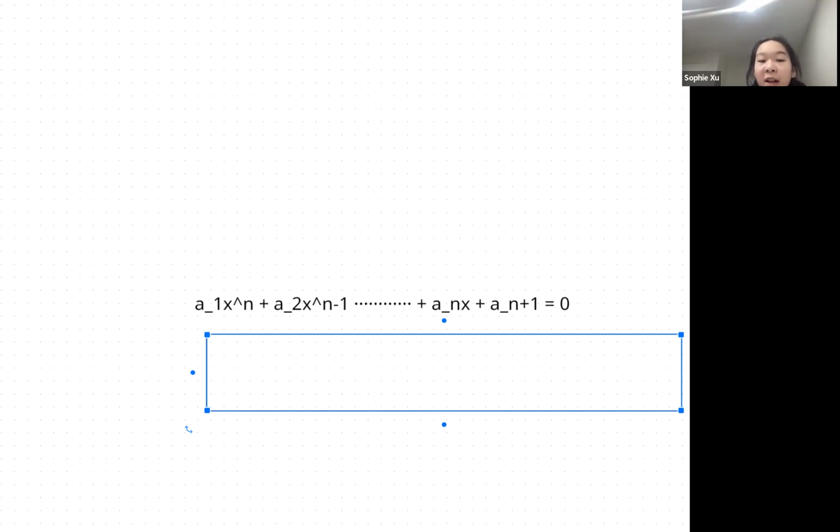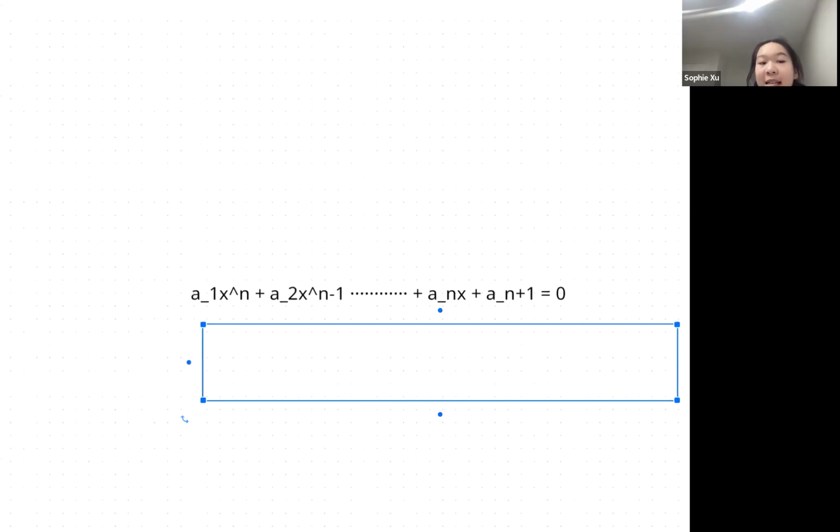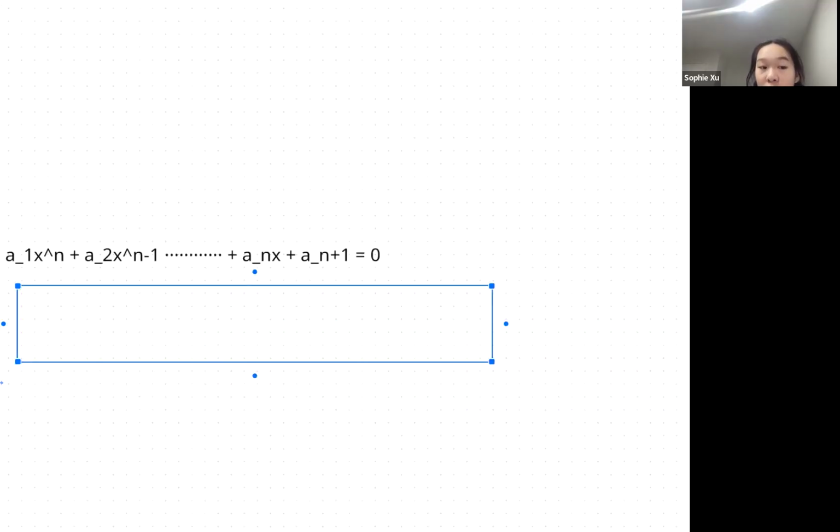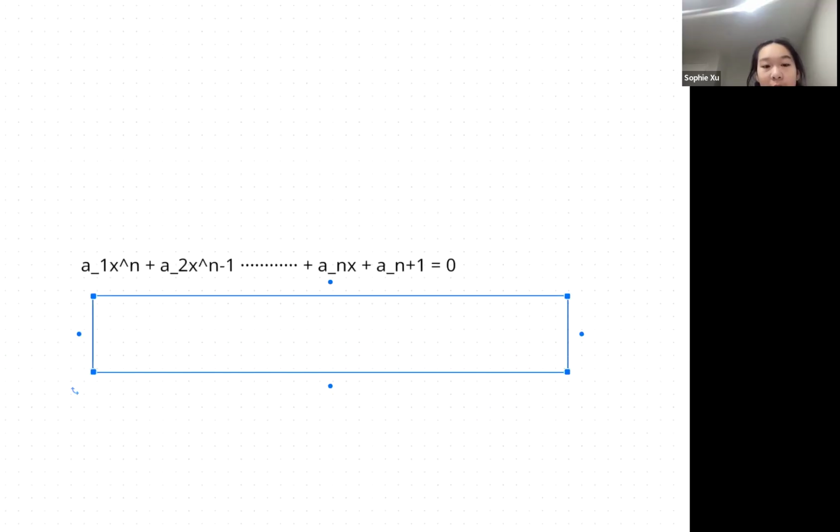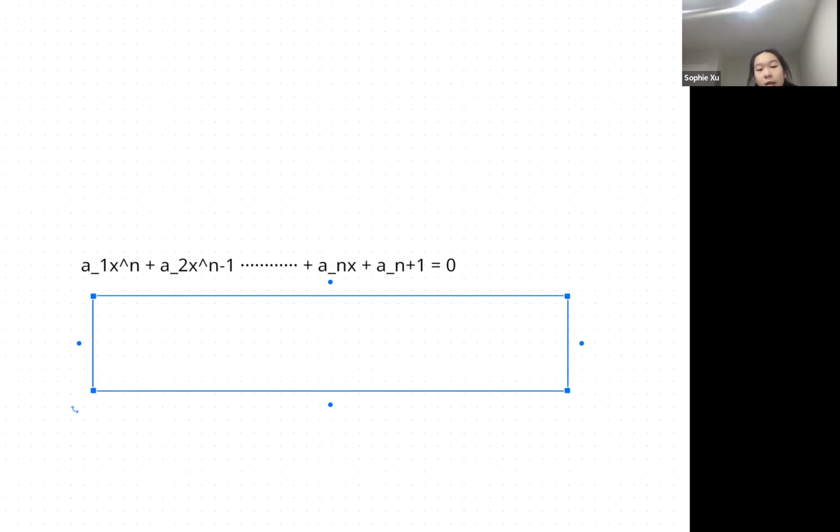So we realize that from cubics it's negative the third term over the first term, right? So in this case it's negative the fourth term over the first term. So in this case it's negative a4 over a1.